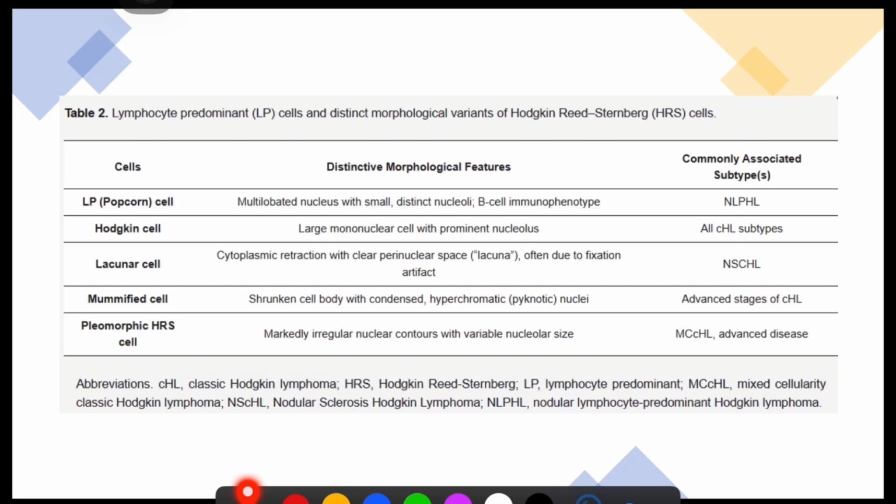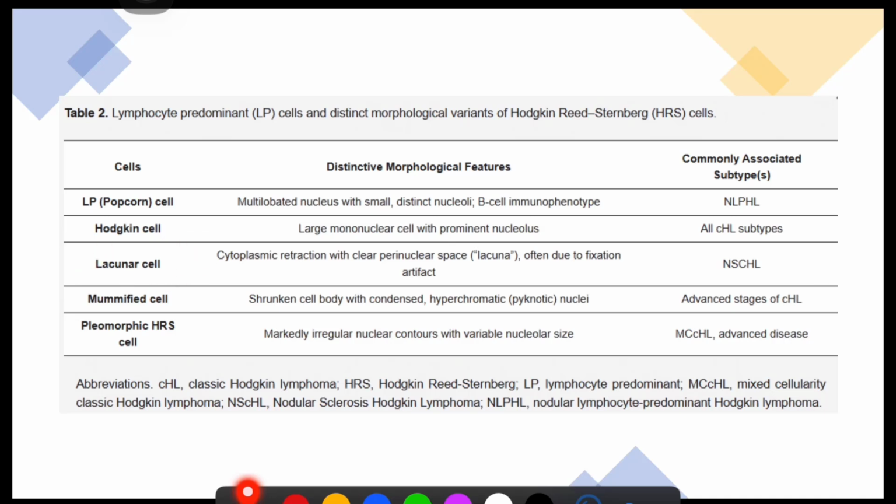So, this is the table where you can see these popcorn cells are common in nodular lymphocyte predominant B cell lymphoma. Hodgkin cells in all classic Hodgkin's lymphoma subtypes you can identify.